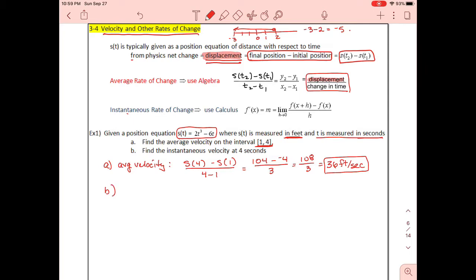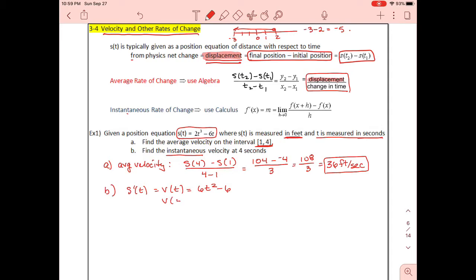Part B, we're asked to find the instantaneous velocity at t equals 4, at 4 seconds. So the instantaneous velocity is going to be s prime of t, which is v of t, and that will be 6t squared minus 6.